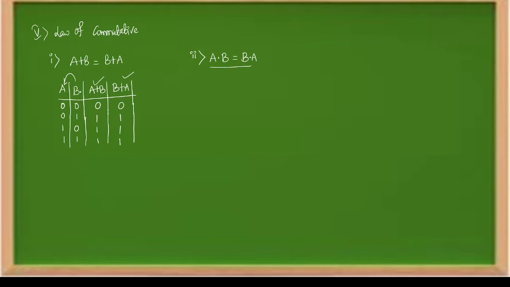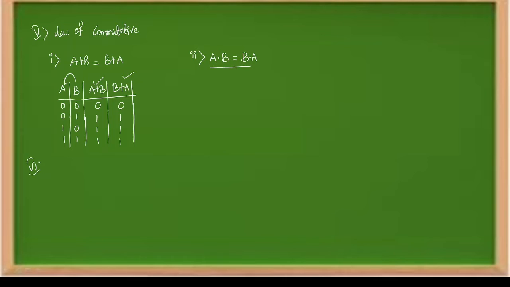Consider the two variables A and B. In the third column, you need to find A and B, and in the fourth column, you need to find B and A. And you need to check whether the entries in the third column and fourth column are the same or not. When both entries are the same, then we can say A and B is equal to B and A. So the commutative law is satisfied for the logical AND operation. Okay, take this as your task for today's class.